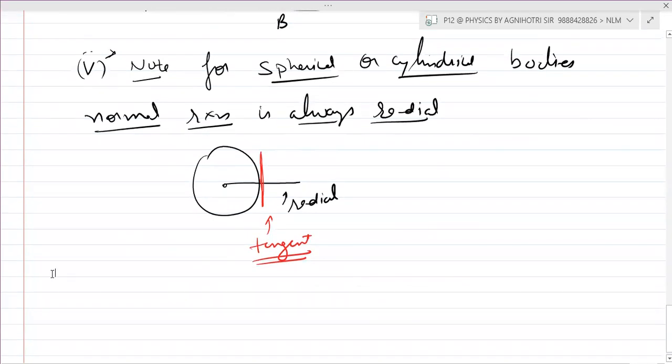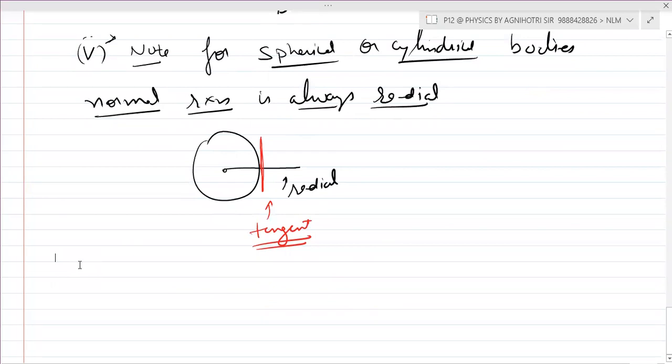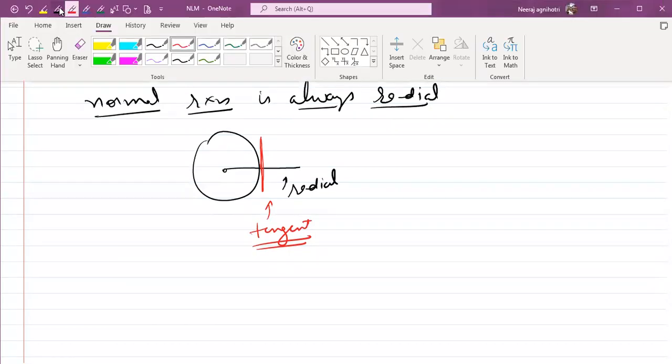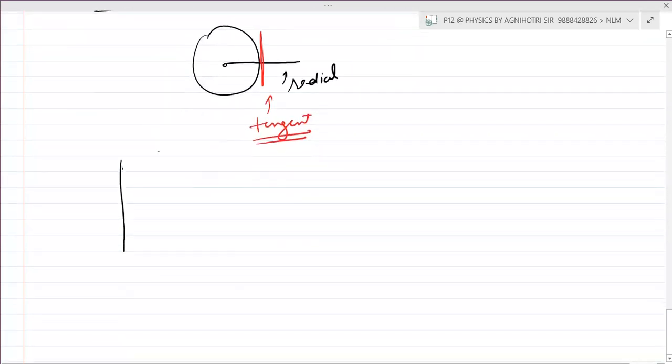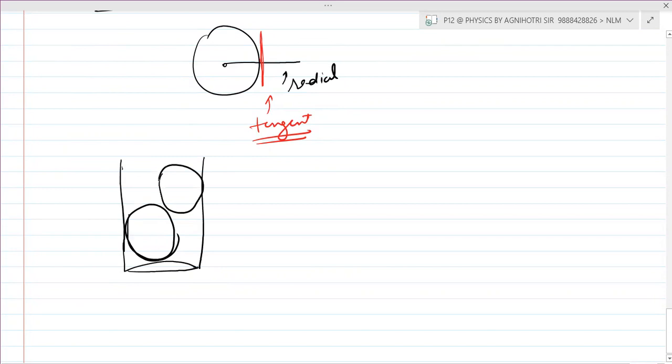So one of the best examples is, if this is the cylinder, and you have placed a body like this here, and another body here.